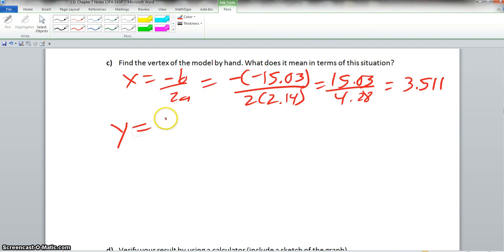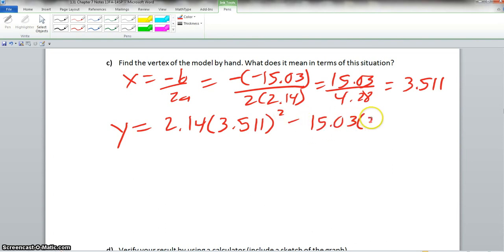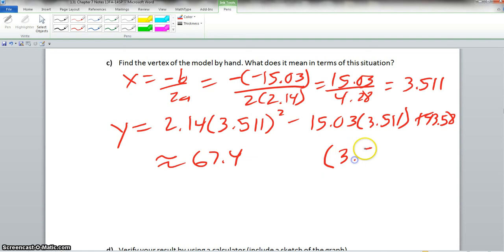So now we have y is equal to 2.14 times 3.511 squared minus 15.03 times 3.511 plus 93.58. And this would give us approximately 67.4. So our ordered pair would be 3.511, comma 67.4.